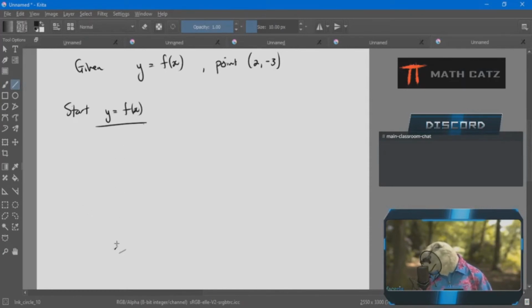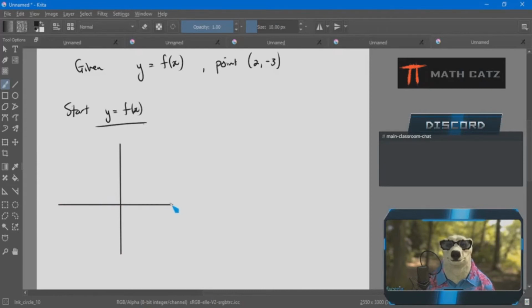Well, where is my y-axis? Oh, there it is. That looks ugly now. There we go.